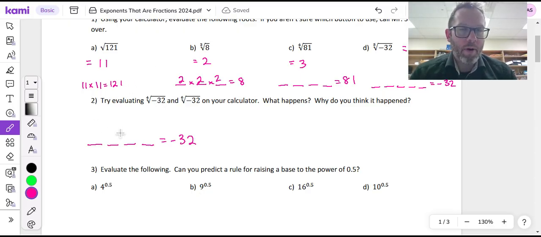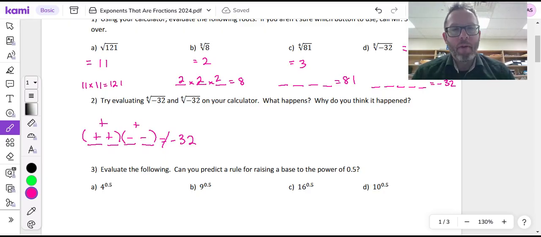It's asking what number times itself 4 times gives you negative 32. But whether we have a positive times a positive or a negative times a negative, those all wind up giving you a positive. When you multiply something by itself an even amount of times, you're always going to get a positive number. It's actually impossible to get negative 32 when you multiply by an even amount of numbers.